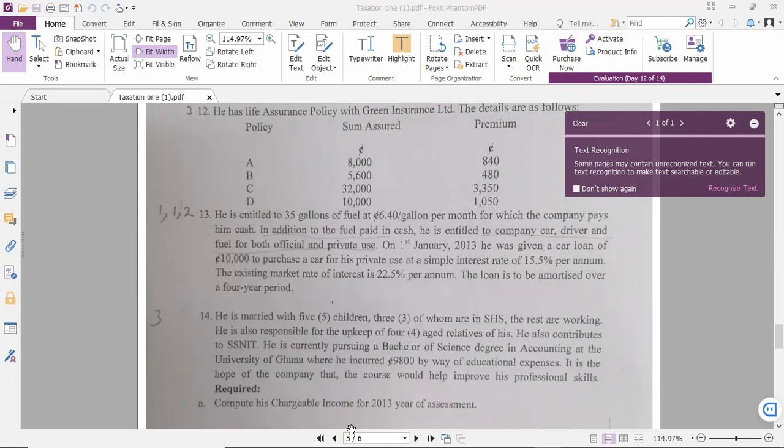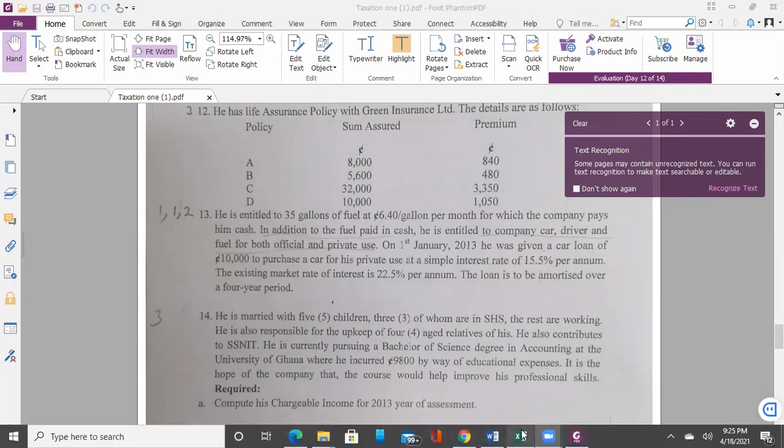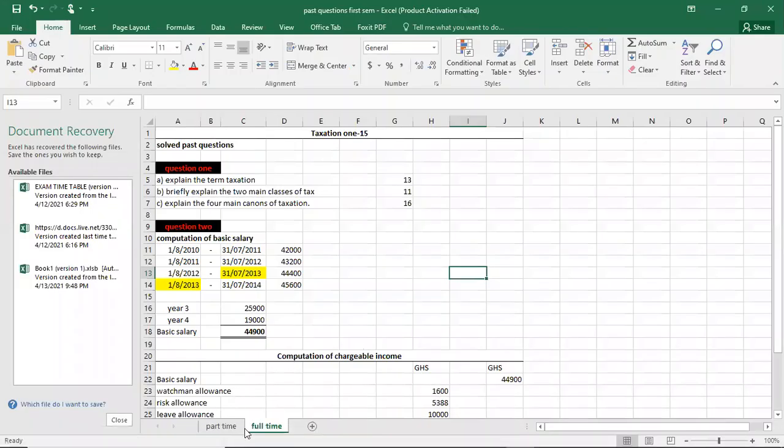But that notwithstanding, it is still an examination question, and I'll go through it with you. So let's move straight to our presentation.